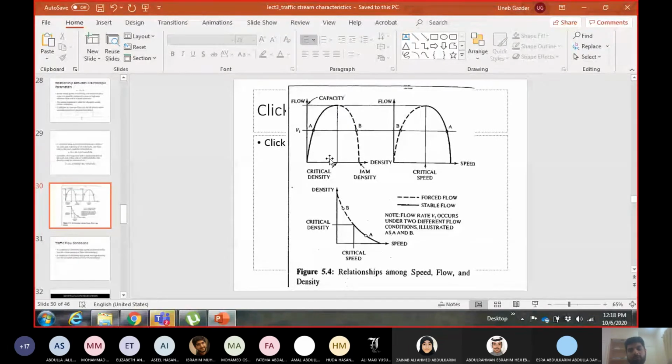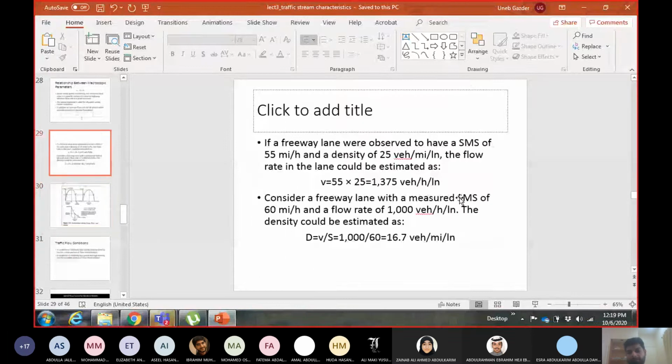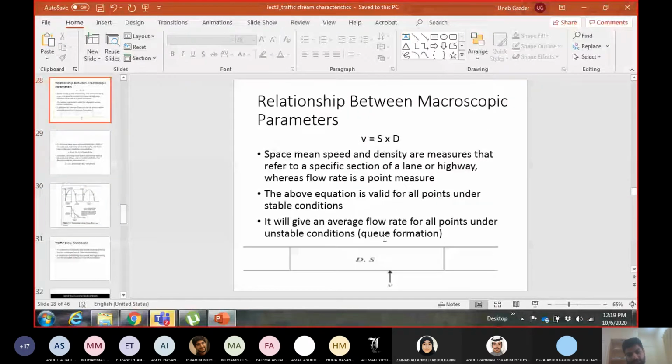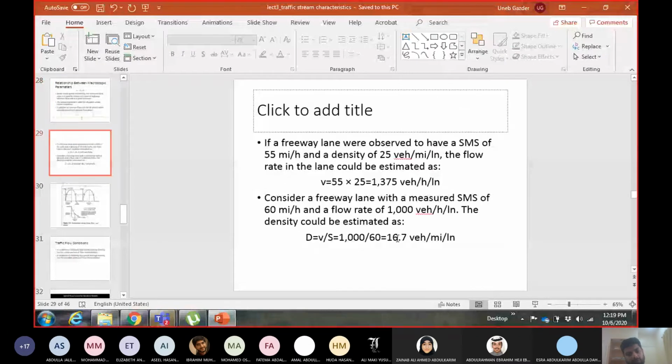So the solid one, which I called earlier a stable flow condition before traffic jam, and the dotted one is the traffic jam condition. I call it traffic jam to help you understand it, but in the book they call it forced flow condition, or in the previous slide they call it the queue formation condition. So there's a queue and traffic jam on the road when you are in the dotted portion of the curve.